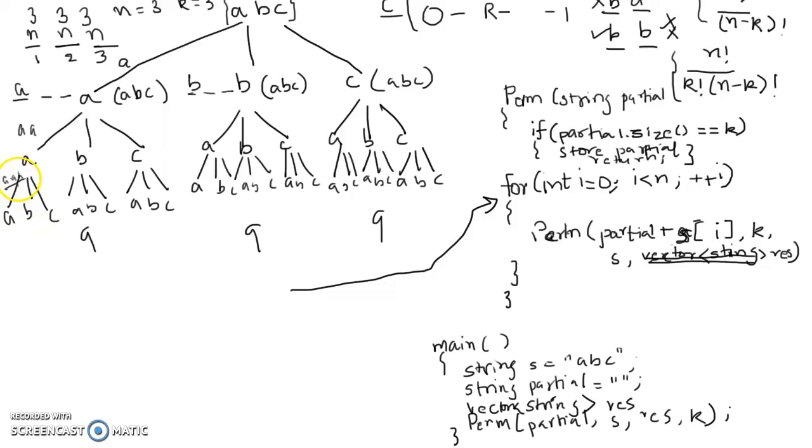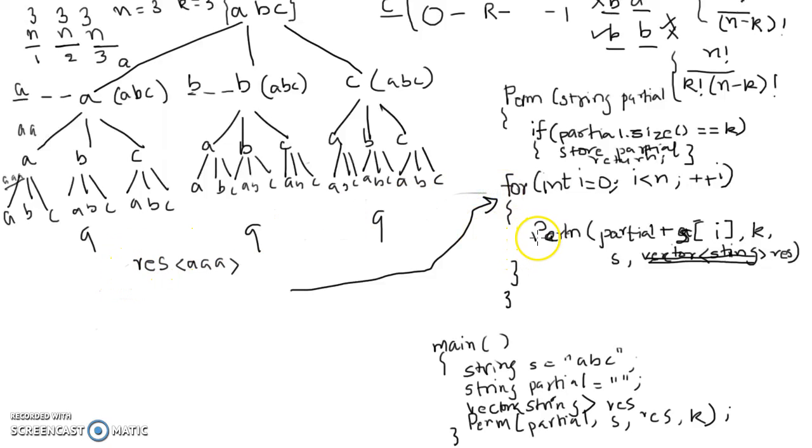When it becomes 3 A's and is called again, it's going to check, is the partial size equal to the subset size that we need? Yes, we need a k size subset. So it's going to store it in the result variable, which is an array of strings, and return.